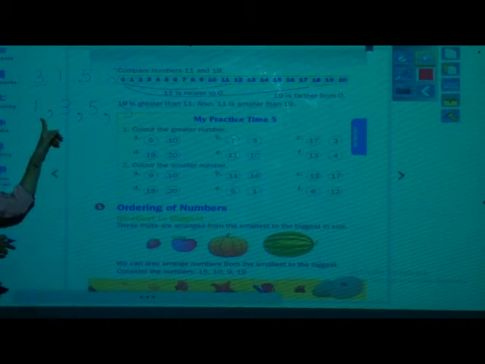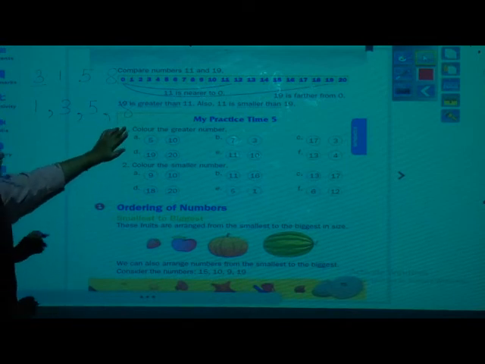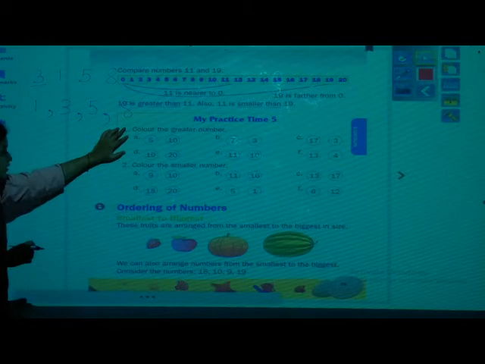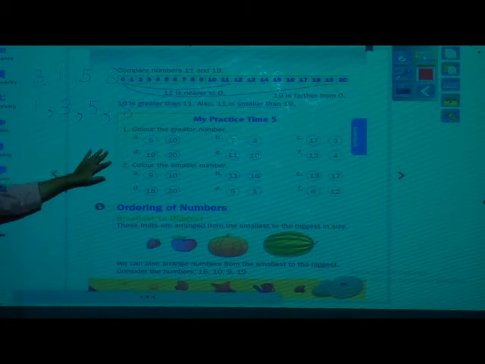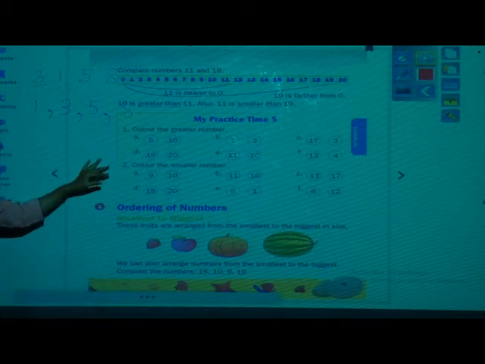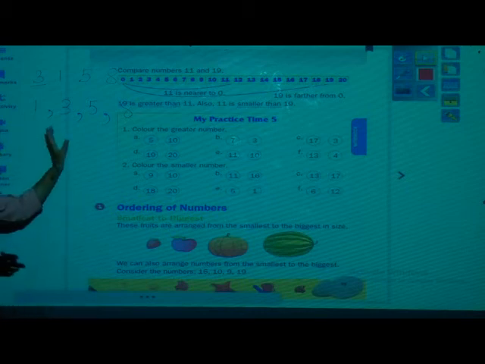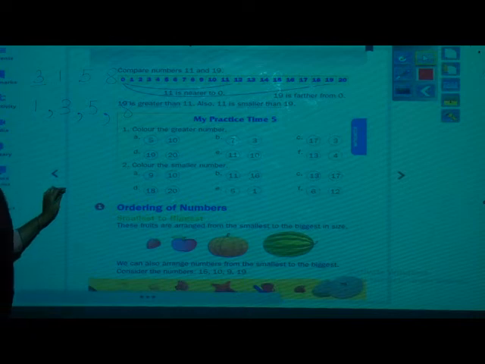After 1 comes 2, but 2 is not there, then 3. Then 4 is not there, 5. 6, 7 drop, 8. Understood? So, what I have done, dear students? I have arranged the numbers in correct order. मैंने ये 4 numbers को correct order में arrange किया.